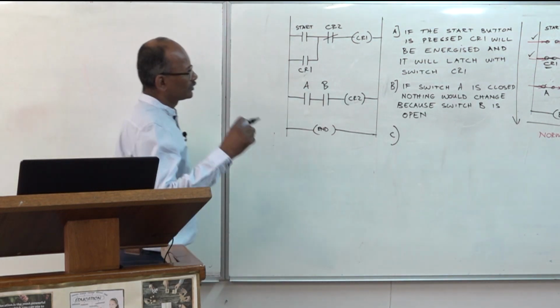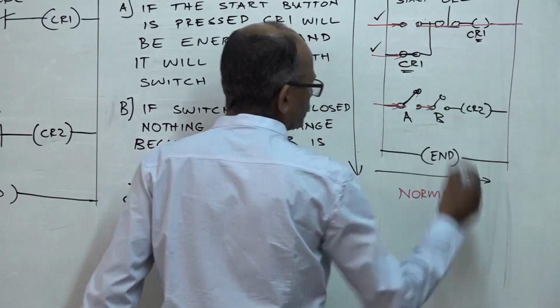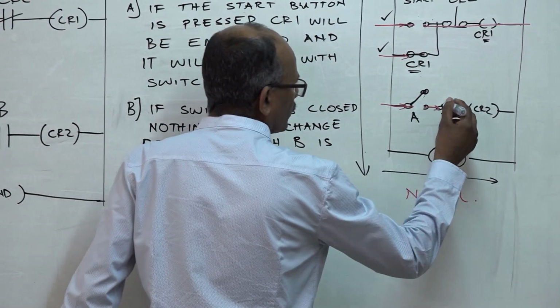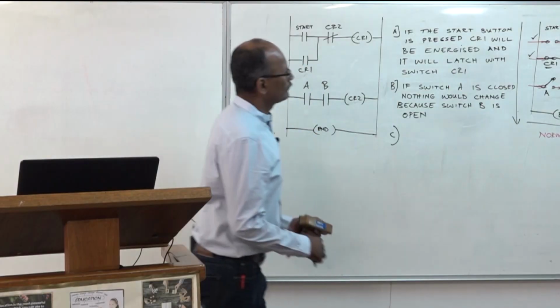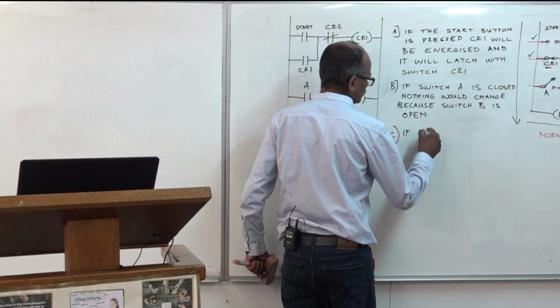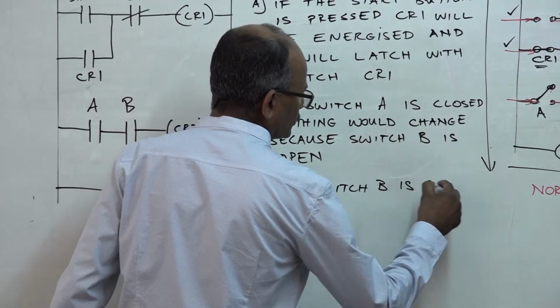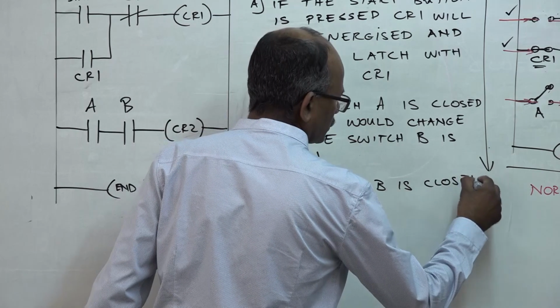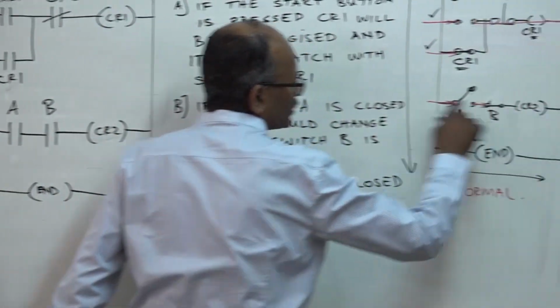All right, let's go back. Let's open switch A again. What would happen if I close switch B? Okay, so I will say if switch B is closed, once again, will there be any current flow through this contactor?